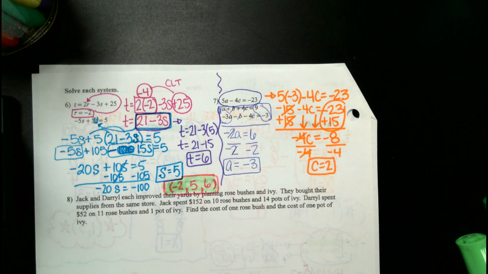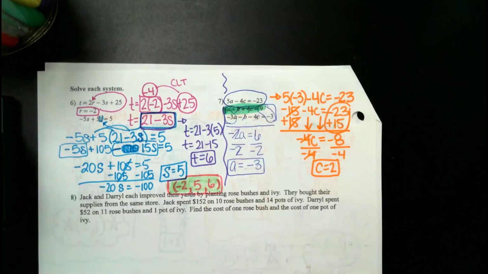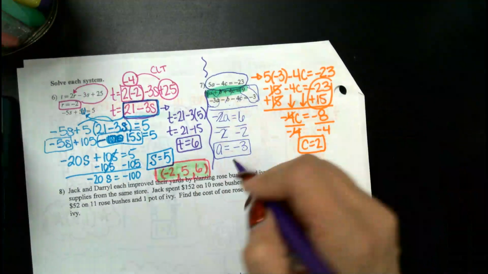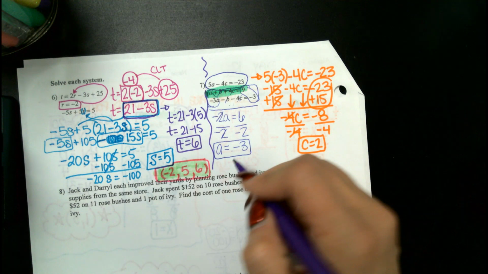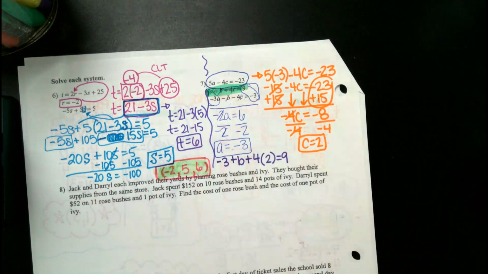So we can't use the top equation. I'm going to use this middle equation. You guys would probably benefit from erasing anything so that way you could actually see it. I can barely see mine, but it says A plus B plus 4C. So I'm going to put A, so negative 3 plus B plus 4 times 2 equals 9.